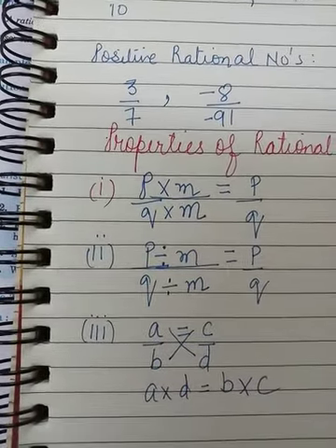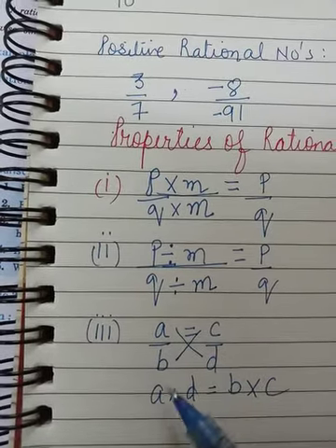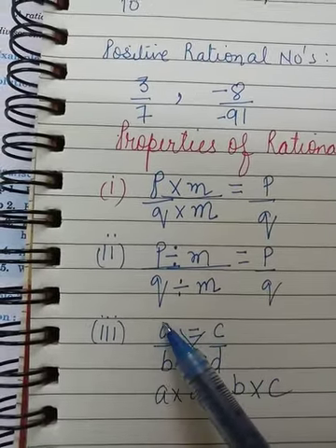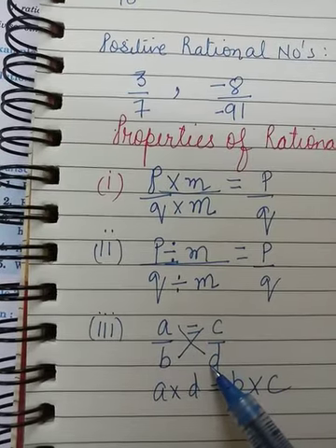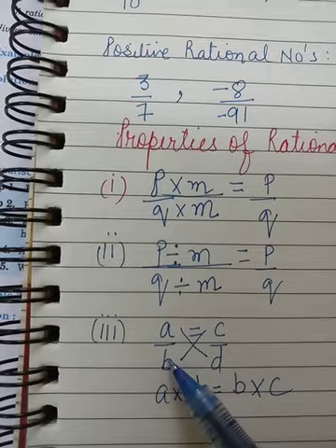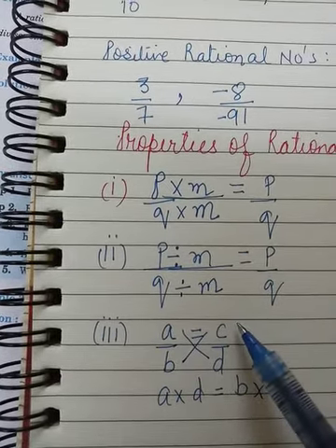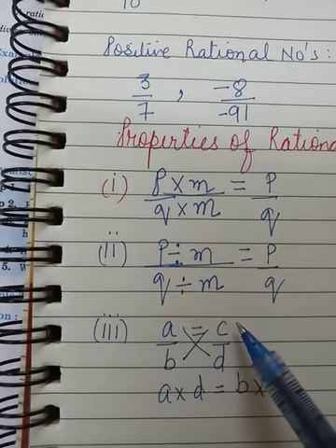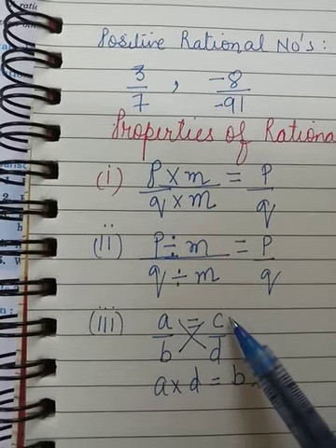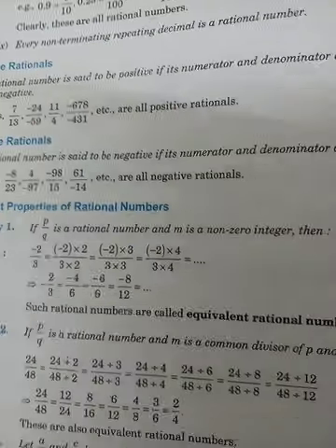This happens only when the two rational numbers are equal. When two rational numbers are equal, the product of the numerator of the first and the denominator of the second is equal to the product of the denominator of the first and the numerator of the second. Let's have a look at the properties in the textbook.